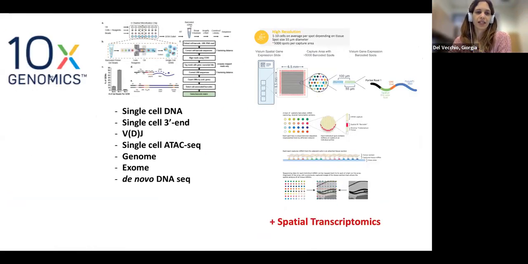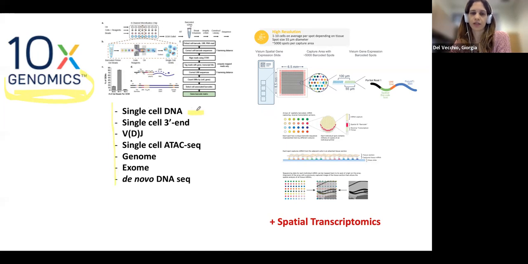Okay, 10x Genomics, I think, is the leader on the market for single cell, and has many different approaches available. So we have single cell DNA. This is the approach you want to use to look at mutations on the DNA.